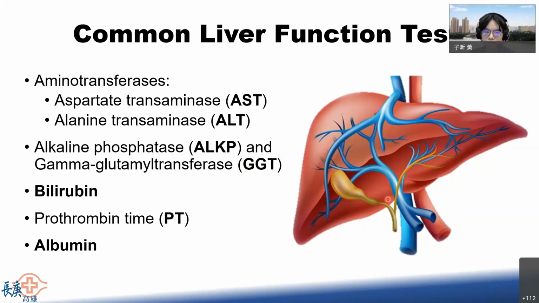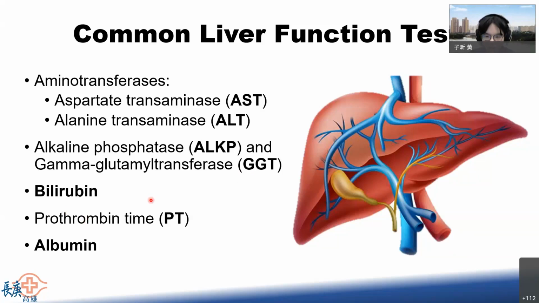Okay, and these are more liver function related: bilirubin, prothrombin, and albumin. Bilirubin is a catabolic product of heme metabolism, and from the bloodstream, it goes into the liver and gets conjugated.